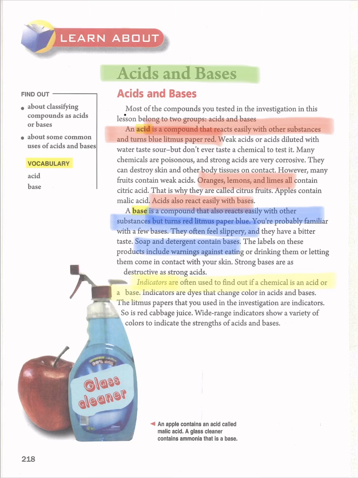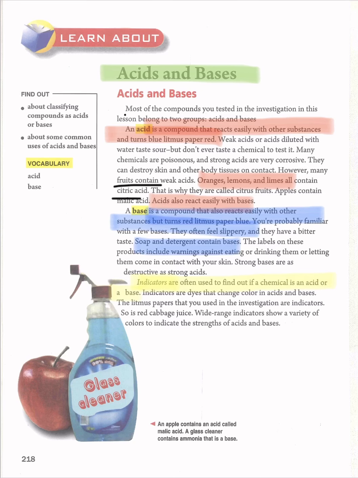However, many fruits contain weak acids. It means the fruits that we eat contain acid. For example, oranges, lemons and limes all contain citric acid. Citric acid is one type of acid.